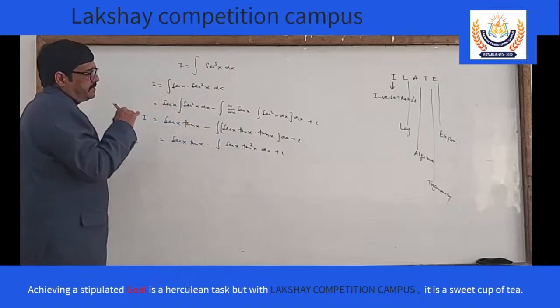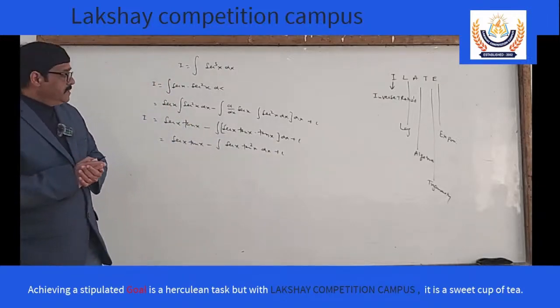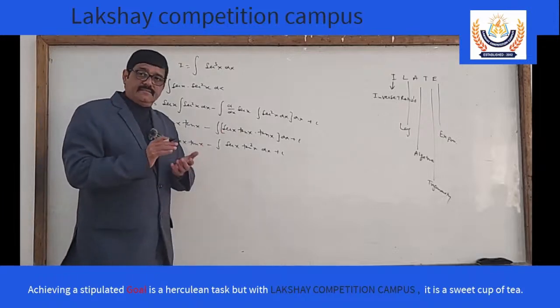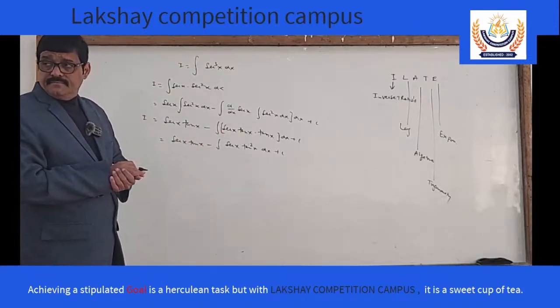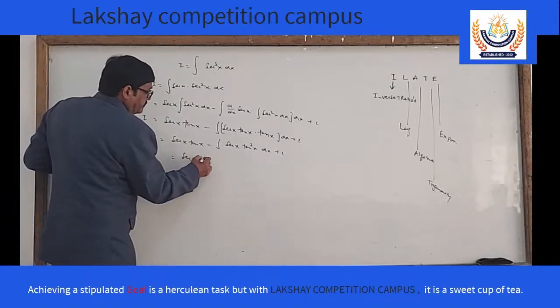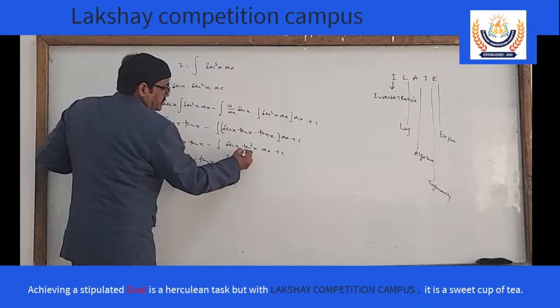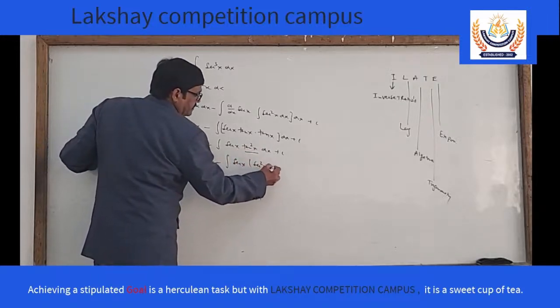Okay, what is the next step, students? How can we find out the integration of secant x tan square x? Again we apply u into v? No. We convert it. Tan square x should be written as secant square x minus 1.